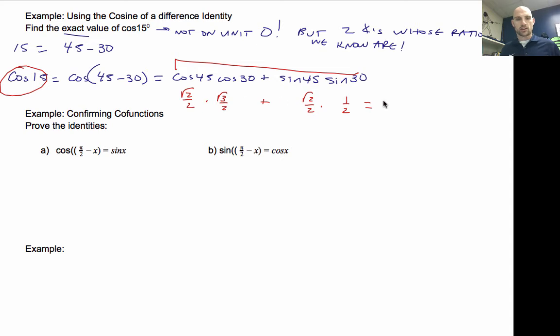So I've got square root 6 over 4 plus square root 2 over 4, which gives me root 6 plus root 2 over 4, and that's my exact answer. I rewrote the angle that I didn't know the exact value of as a sum or a difference of angles that I did know. I could rewrite this in a bunch of ways. I could use 60 and 45, or 135 and 120. Pick easy ones.